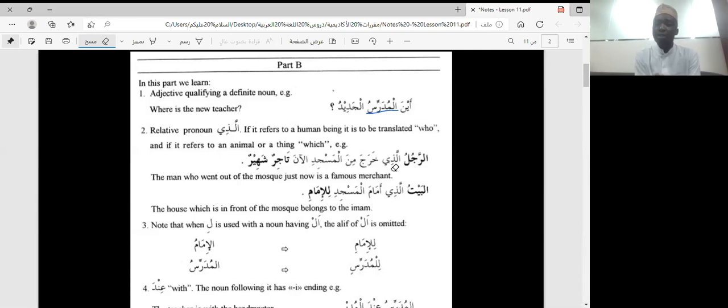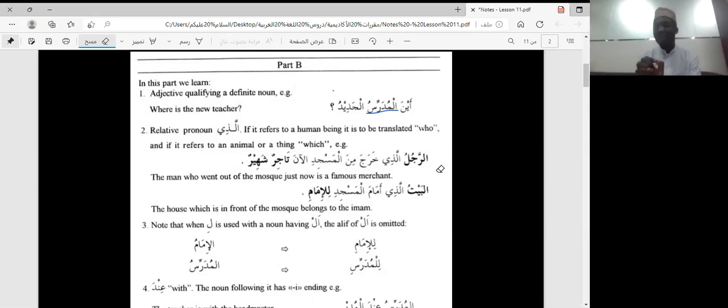If it refers to a human being, it is to be translated "who" in English. And if it refers to an animal or a thing, it is to be translated to what? To "which". For example, ar-rajulu, the man, alladhi, who.